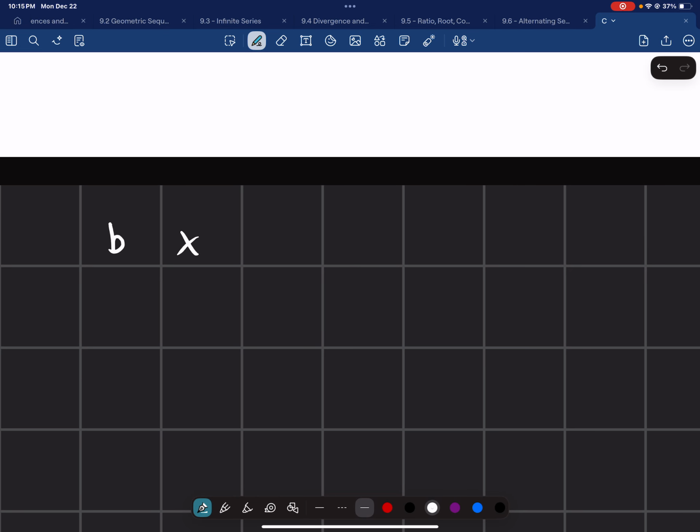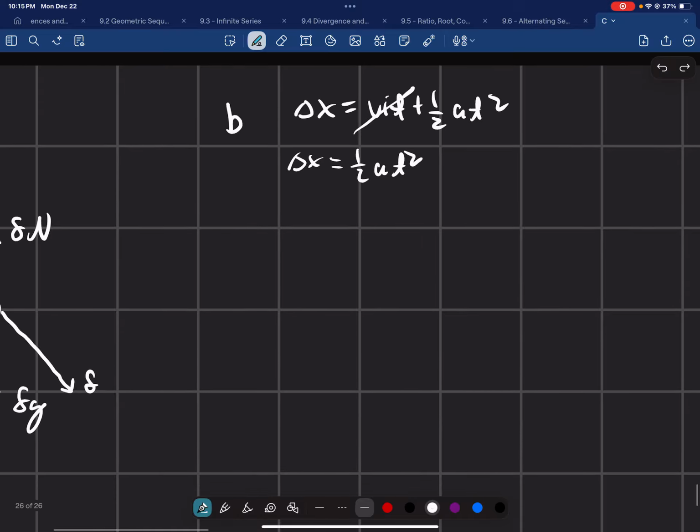So x, or delta x, is equal to v_i t plus 1/2 a t squared. There's no initial velocity, so let's just cancel it out. Since we're solving for acceleration, we isolate: delta x over t squared is equal to 1/2 a.